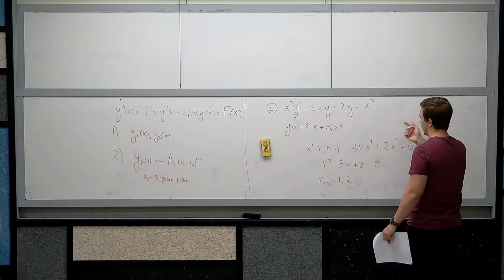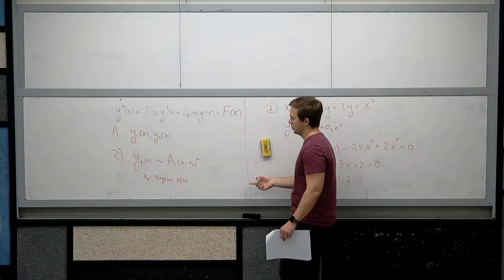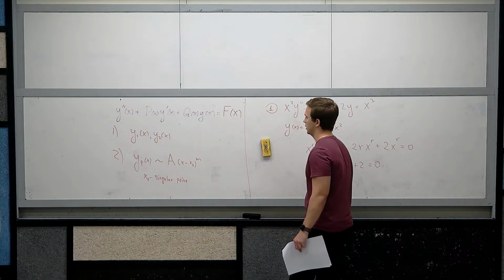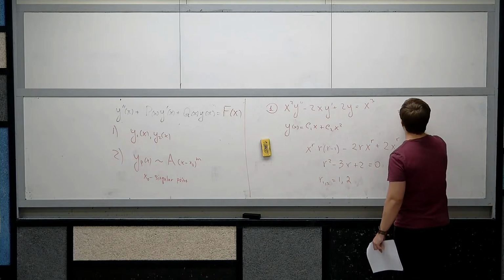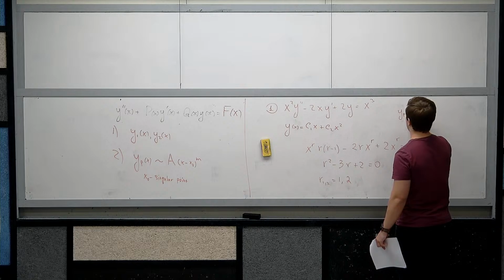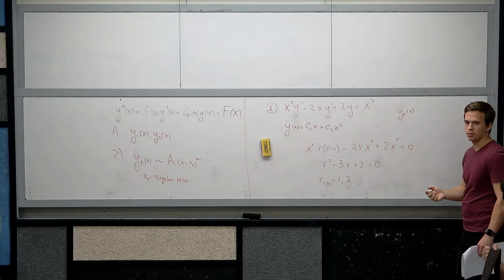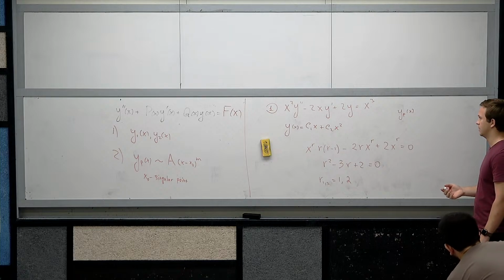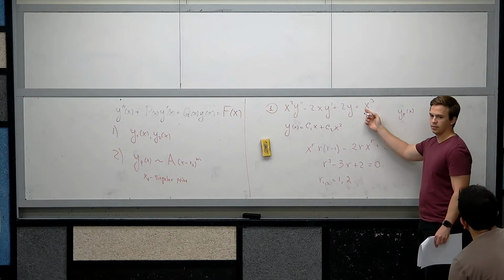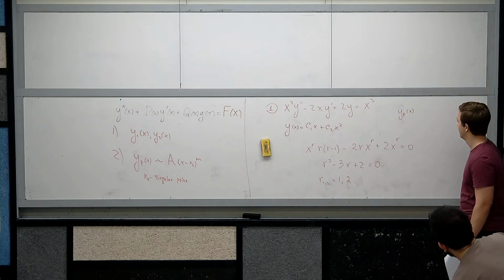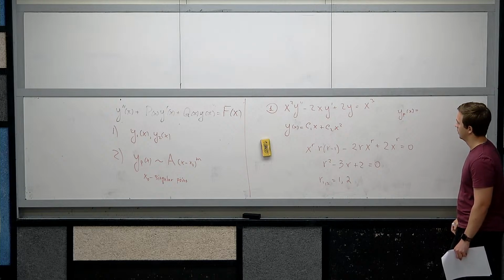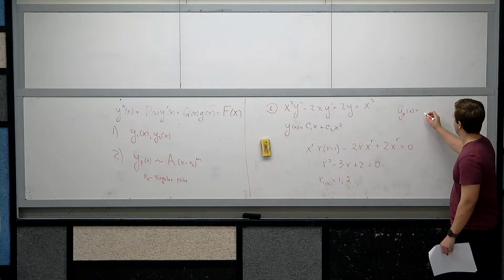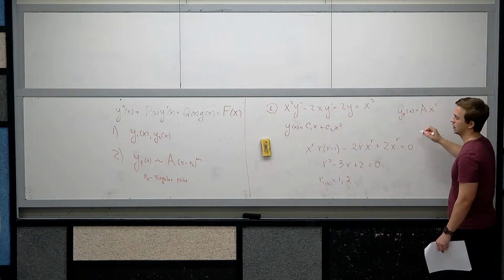As I said before, usually we can find the particular solution in the form of a polynomial. So what polynomial would be the right guess for this right-hand side? A x cubed.